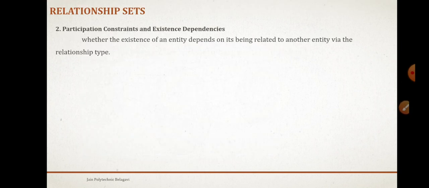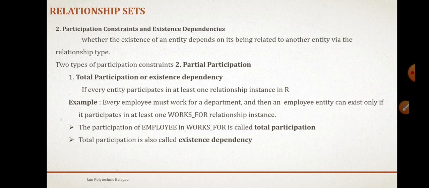Relationship types: participation constraints and existence dependencies. These describe whether the existence of an entity depends on its being related to another entity via the relationship type. There are two types of constraints. The first one is total participation, or existence dependency.